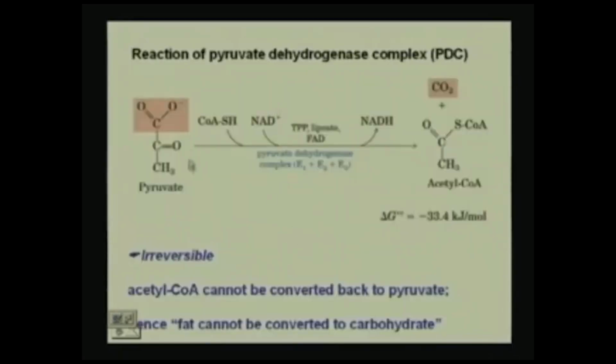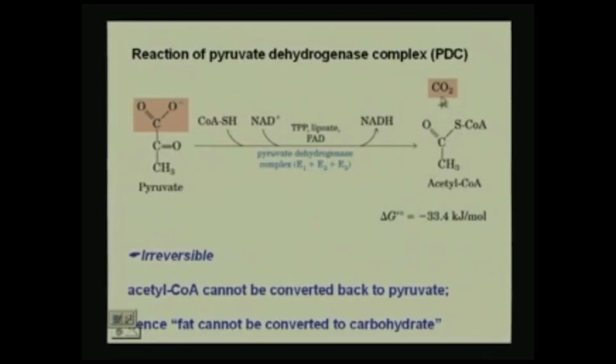Now, this is the major reaction. What we have here is pyruvate. Pyruvate is CH3COCOO minus. We have here coenzyme A, we'll look at the structure in a moment, and NAD plus, this goes to NADH, and we form acetyl-CoA with the release of carbon dioxide.